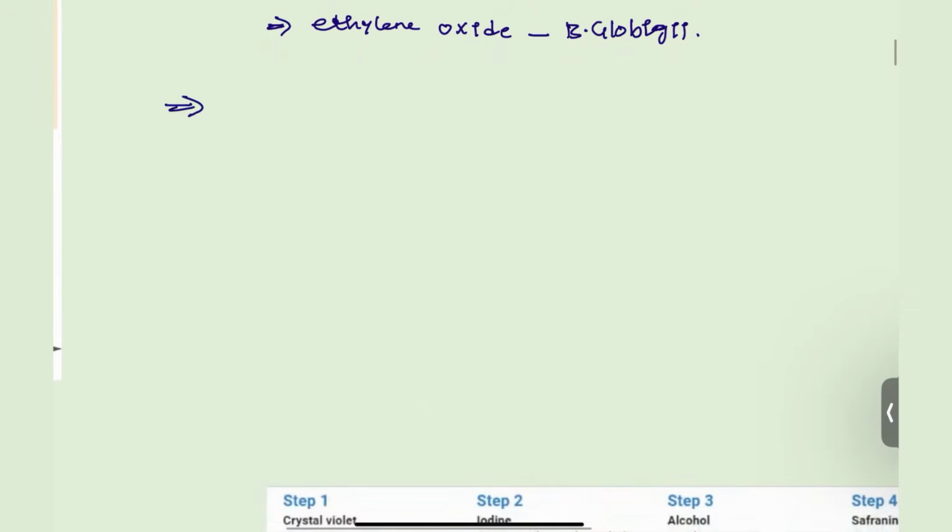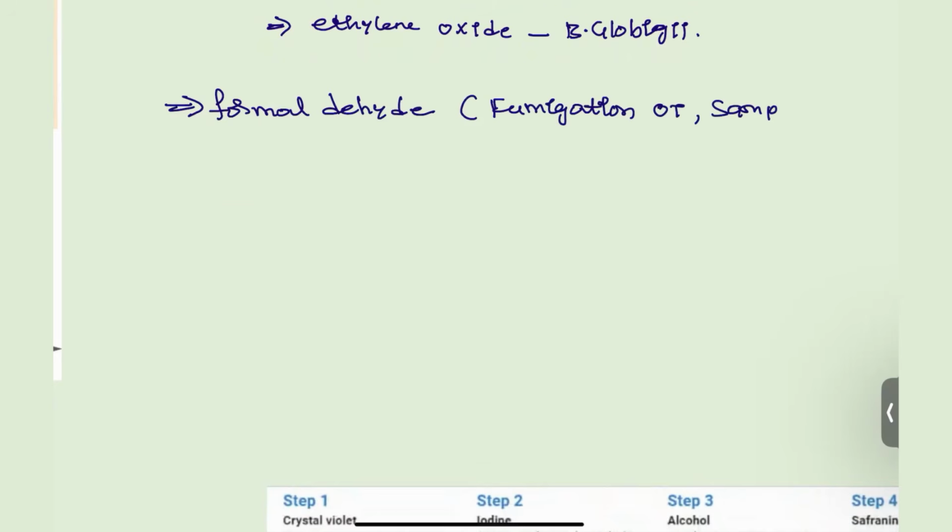Formaldehyde is used for what? Formaldehyde we usually use for the fumigation of operation theaters and instruments, and also some of the samples. Next, isopropyl alcohol, you all know, like stethoscopes, clinical thermometers and all.